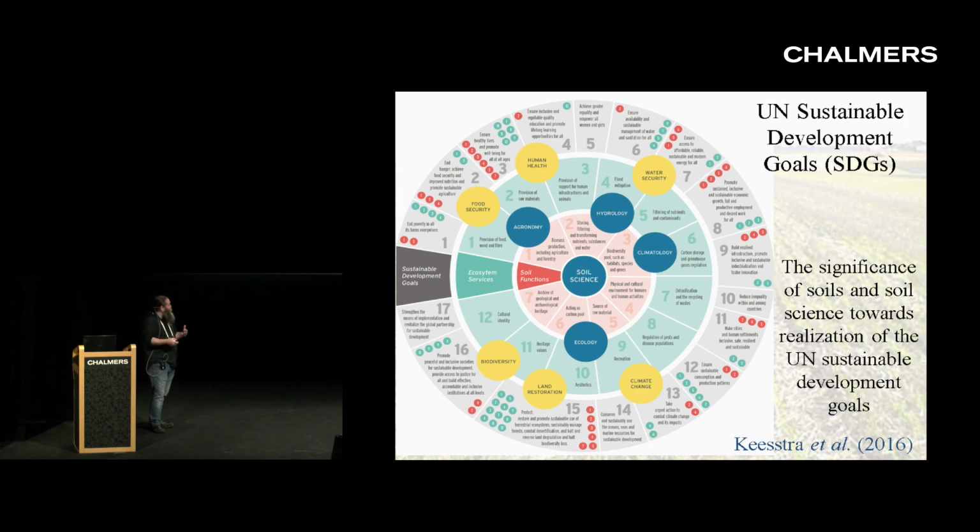When we first started doing it, it was very scattergun. We said, oh yeah, it's going to be good for food security, it's probably going to be good for climate, and we had no way of organizing all of this information. But Saskia came up with this idea of putting the soil carbon sequestration in the middle, looking at the soil functions provided by the soil, how those soil functions underpin the ecosystem services, and how those ecosystem services underpin the Sustainable Development Goals.